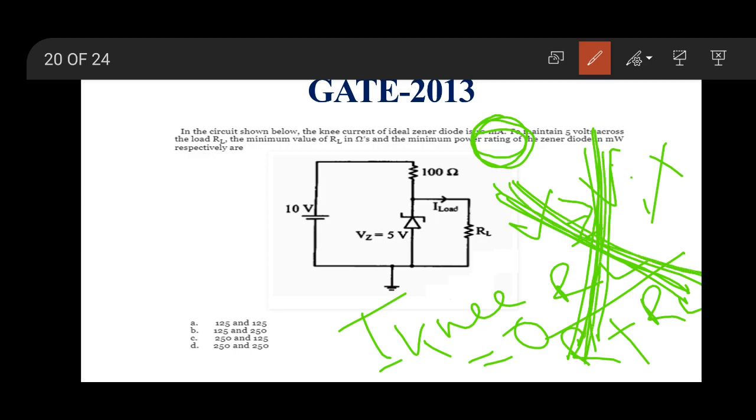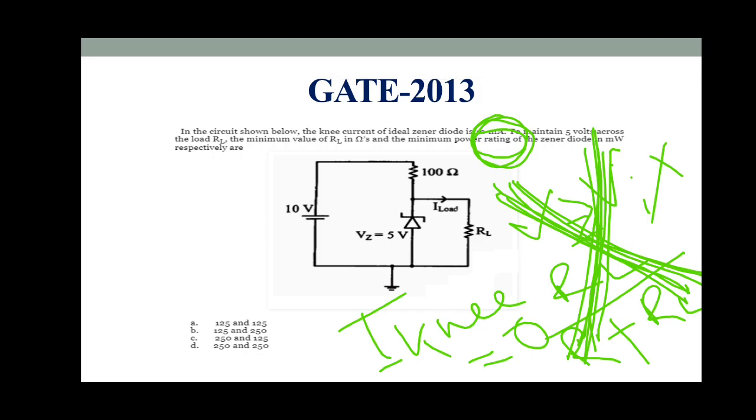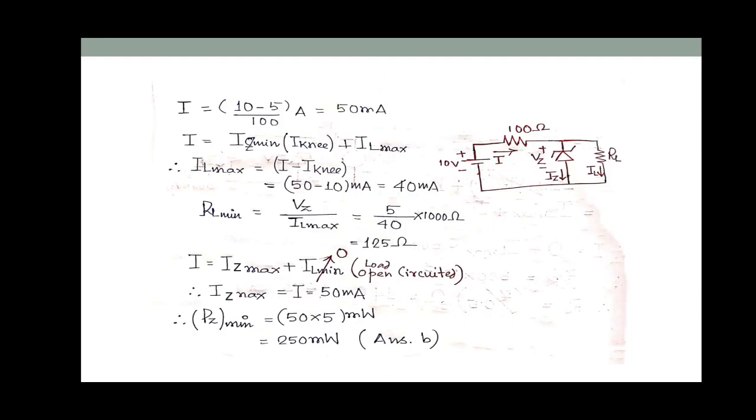So how to solve this problem? Let's see. Here the input voltage 10 volt is constant. VZ value is 5 volt. So the value of I equals VI minus VZ by 100, that is 50 milliamps.